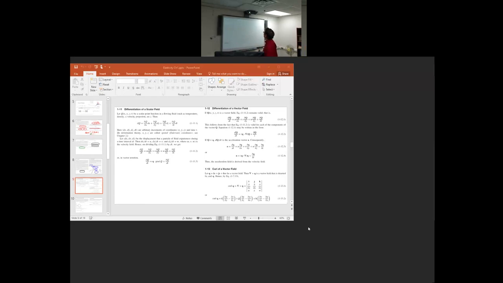So we can also discuss the topic of differentiation of a scalar field. If Q, capital Q, is a scalar point function in a fluid, we can describe the behavior of this fluid from the Lagrangian point of view or the Eulerian point of view.